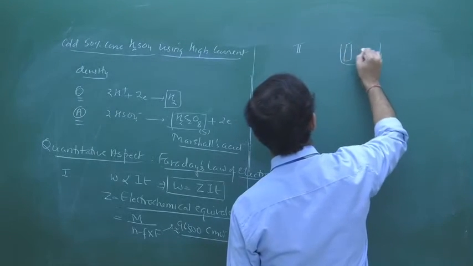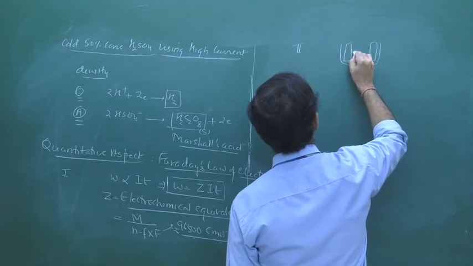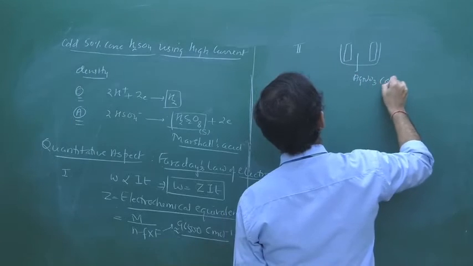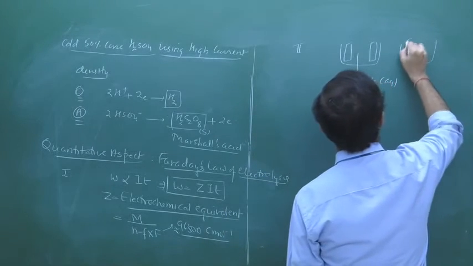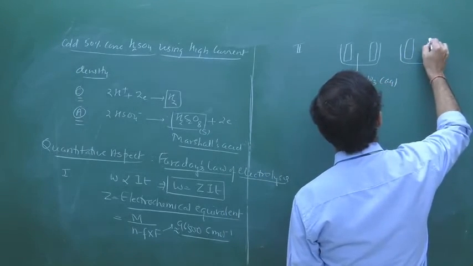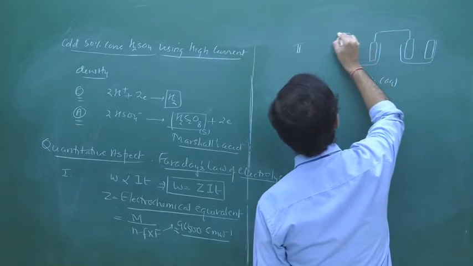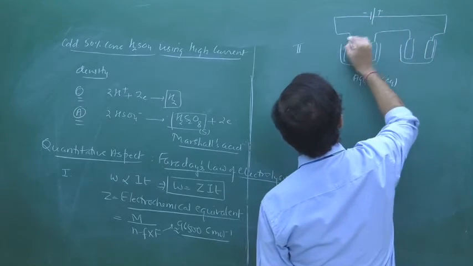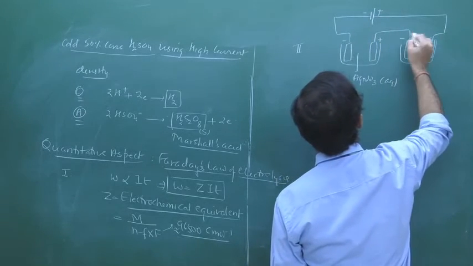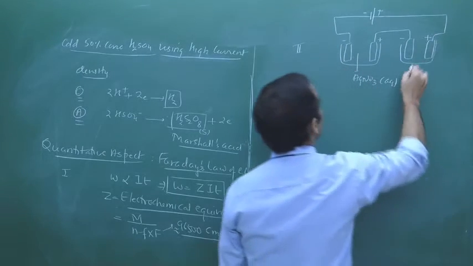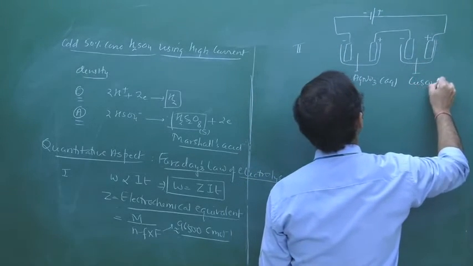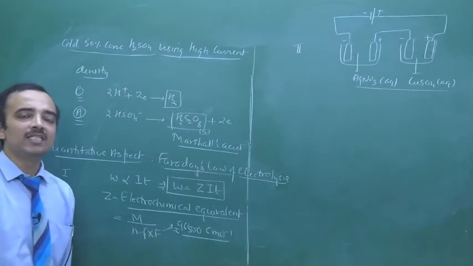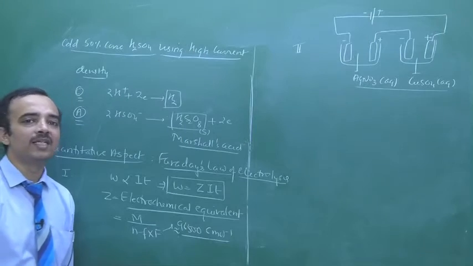Suppose we have silver nitrate and here we have copper sulfate, the two connected in series.